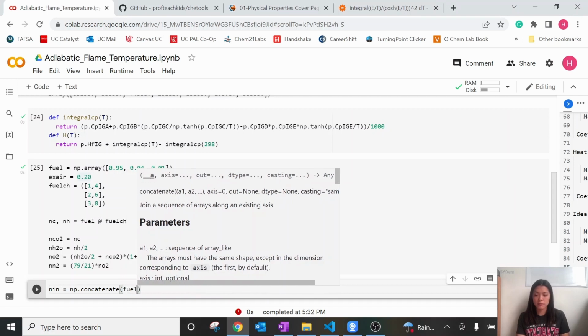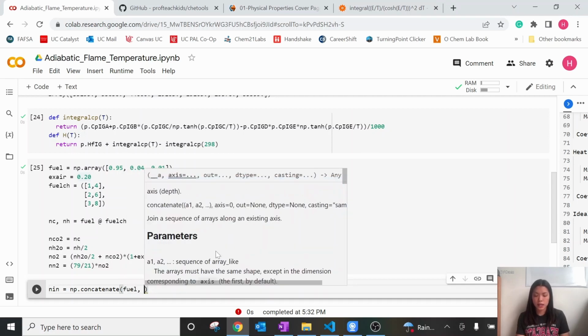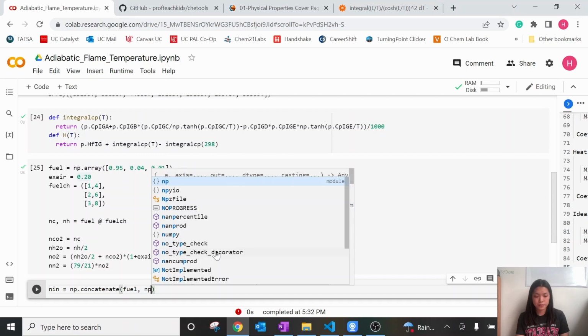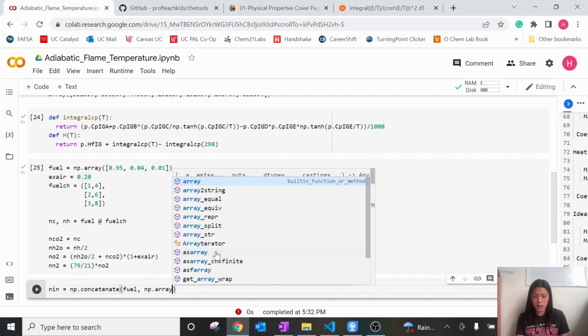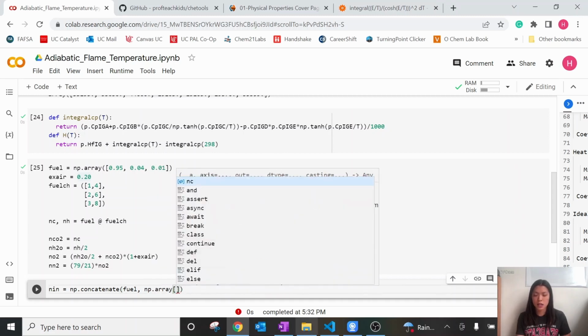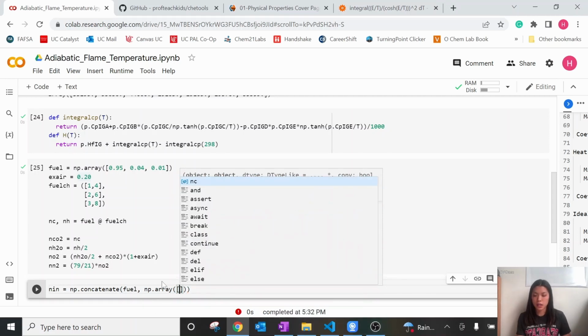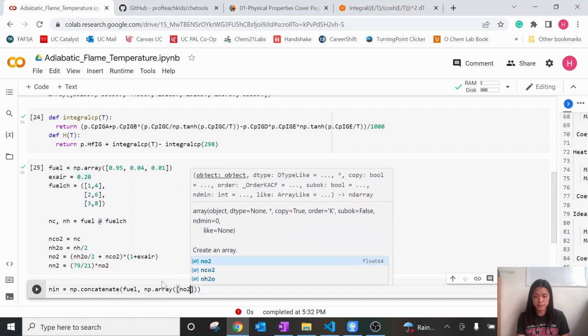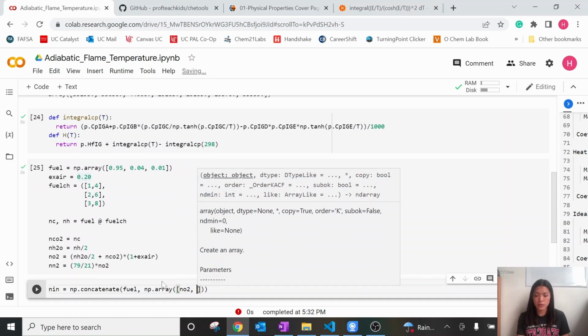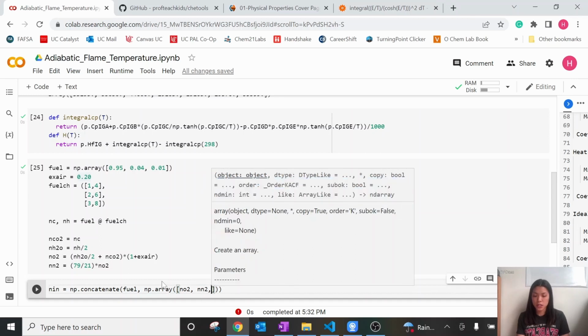So we want to combine fuel with another array, and this array is going to have the number of moles of the oxygen as well as the number of moles of the nitrogen.